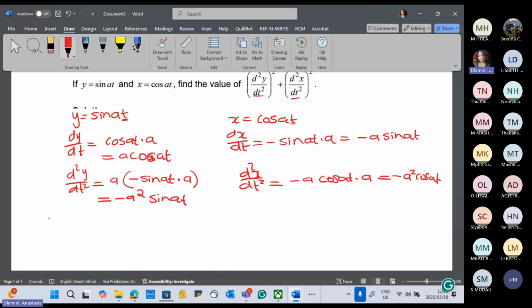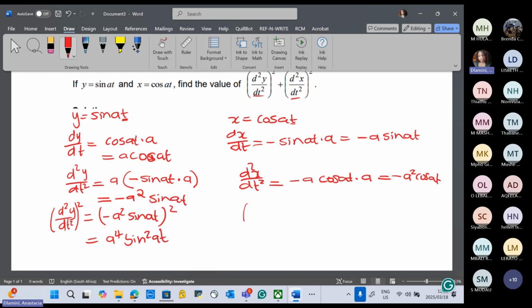Okay, let's square them. So we need to square d squared y over dt squared. Guys, hey, maths is nice. They just tell you what to do. If you remember everything, it becomes nice. If you square it, this becomes a to the power of 4 sine squared of at.